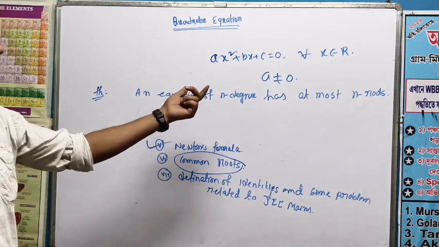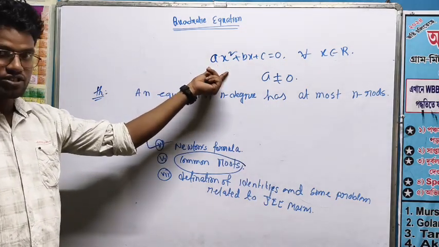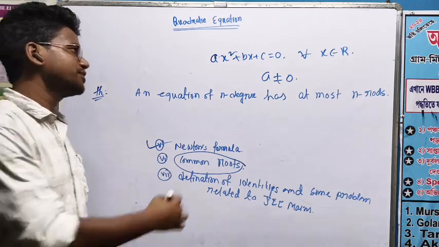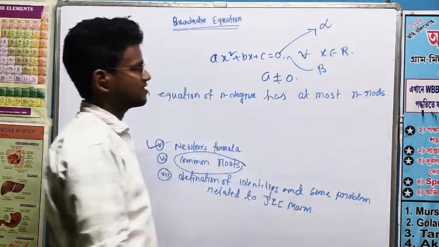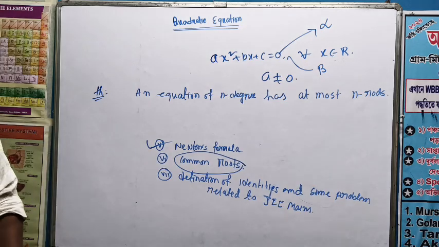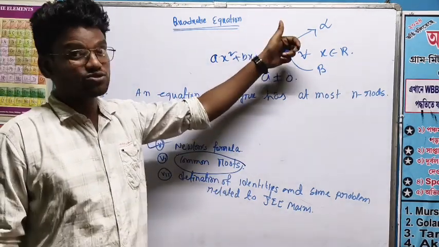That means if we consider this quadratic equation, the degree is 2, so it has only two roots. Let's say these are alpha and beta. So what is the proof here? That means we get only just two roots.